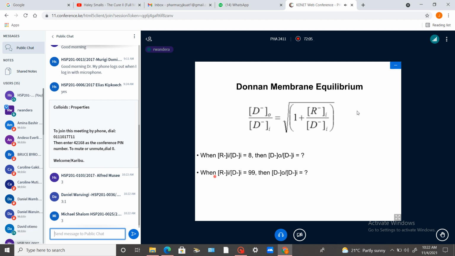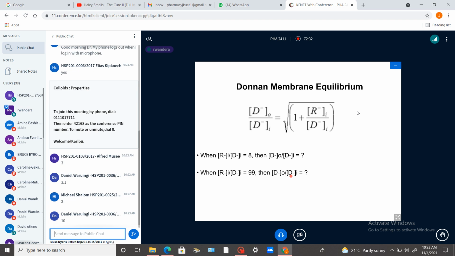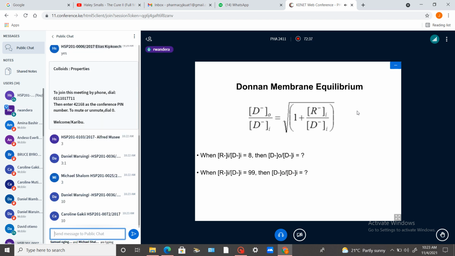And in this scenario, when you have the ratio of the colloidal particles on the inside of the membrane to the diffusible drug on the inside of the membrane as 99, what becomes of this ratio, the diffusible drug on the outside of the membrane to the diffusible drug on the inside of the membrane? Okay, that is correct.